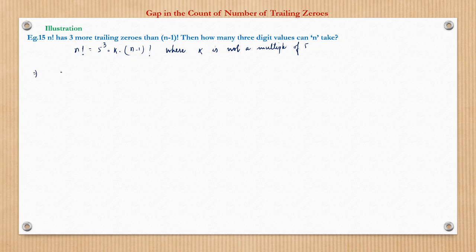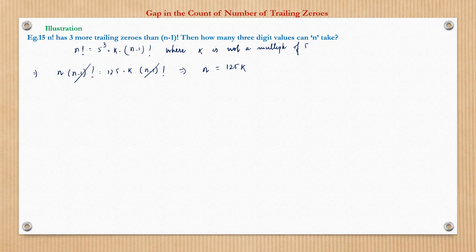So here we can write n into n minus 1 factorial is nothing but 125 into k into n minus 1 factorial. This gets cancelled out. So from here I can write n is equal to 125k, right?